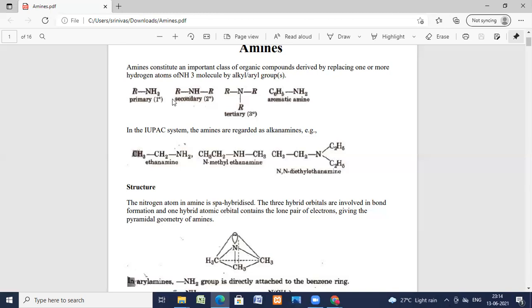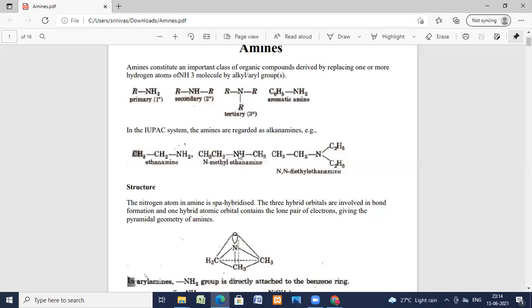Now let us have a look at the structure and IUPAC nomenclature. In the IUPAC system, amines are regarded as alkanamines. Example, this is one carbon and this is the second carbon, so ethanamine.